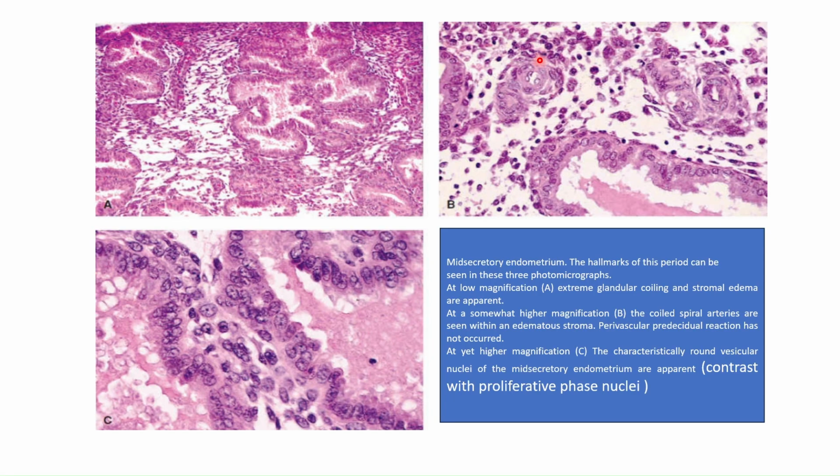So, prominence of spiral arteries, edema and glandular coiling. Here, the characteristically round vesicular nuclei of the mid-secretory endometrium are apparent.